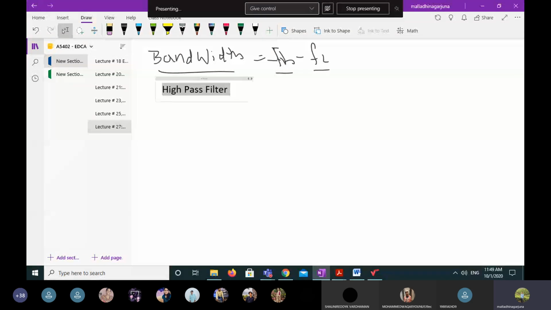And another filter is the low pass filter, the filter which allows only low frequencies. So the high pass filter allows only high frequencies, and the low pass filter allows only low frequencies.